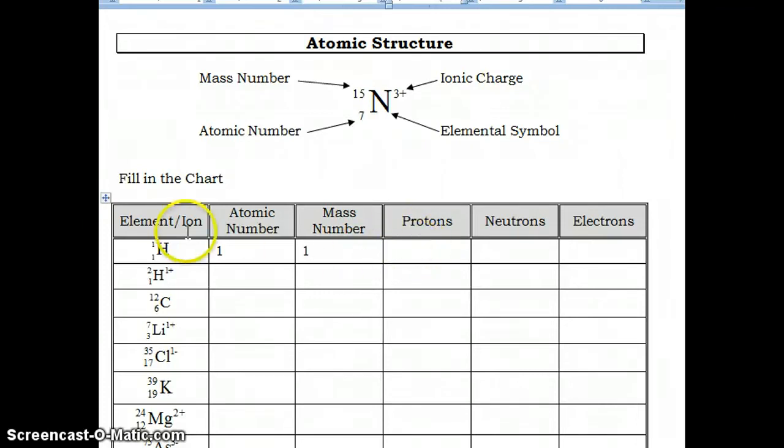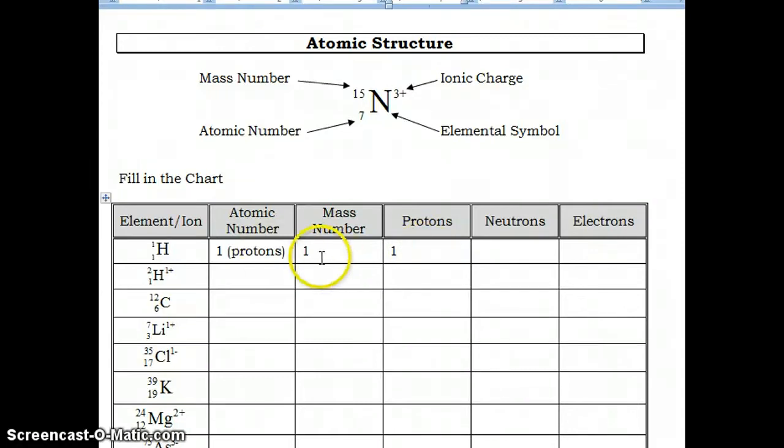This means the atomic number, of course, is the number of protons that we have, and the mass number is the number of protons plus the number of neutrons. So if I have a mass number of 1 and an atomic number of 1, that means I have 1 proton.